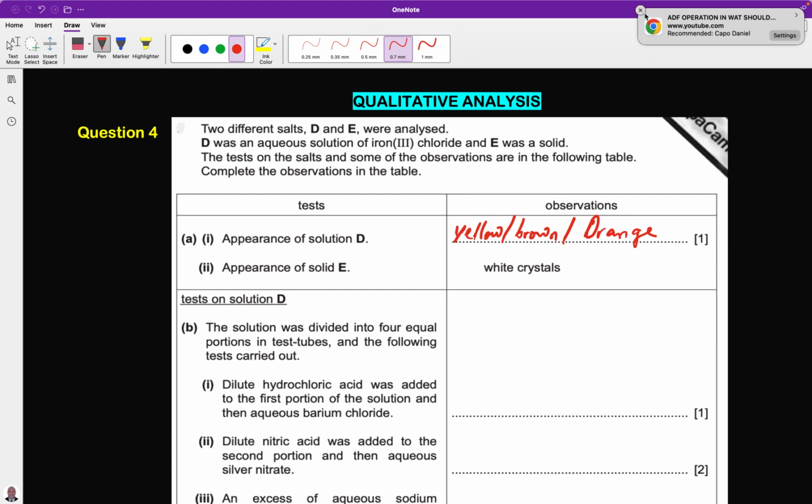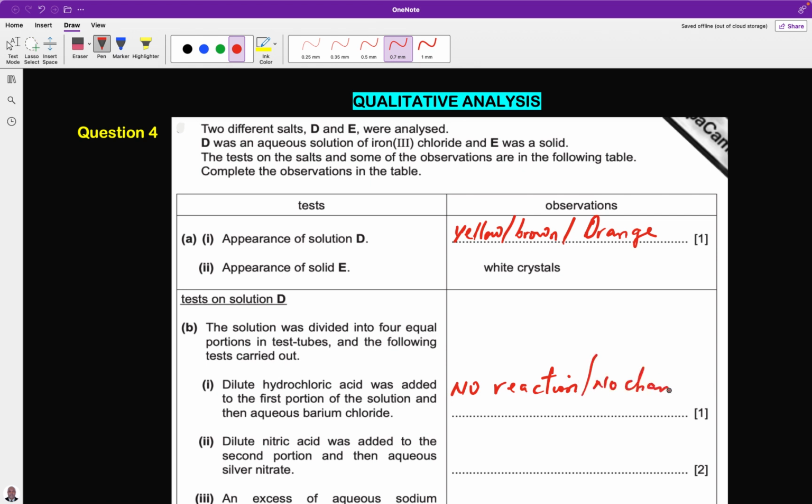So your observation will be no reaction, or you can say no change.